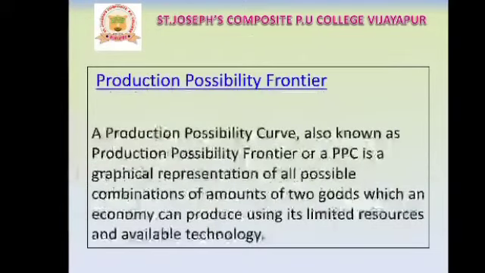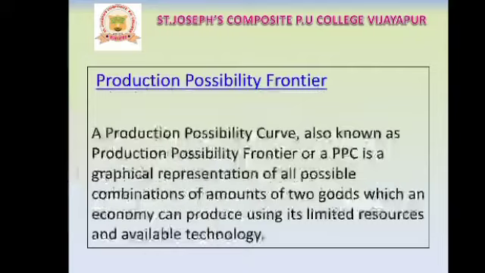A production possibility curve is also known as the production possibility frontier, or PPC. It is a graphical representation of all possible combinations of amounts of two goods which an economy can produce using its limited resources and available technology.